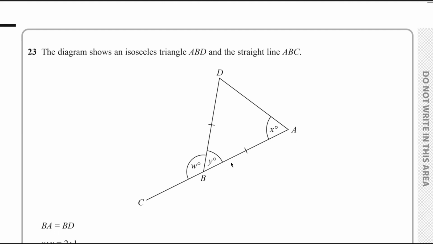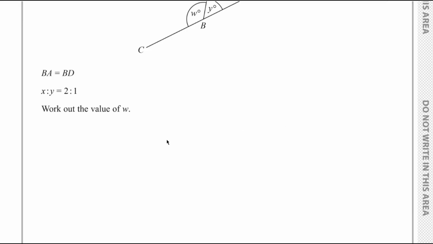We know that BA is equal to BD, and because we have an isosceles triangle, we can therefore state that the angle DAB is equal to the angle BDA, which is x degrees. The ratio x to y is equal to 2 to 1, and with this we have to work out the value of w. Well, if x to y is 2 to 1, that means x is equal to 2y.